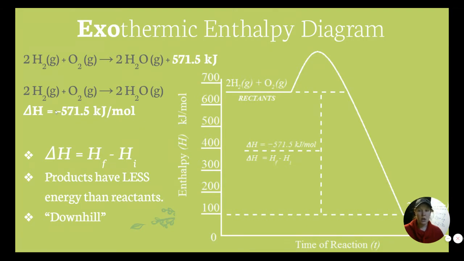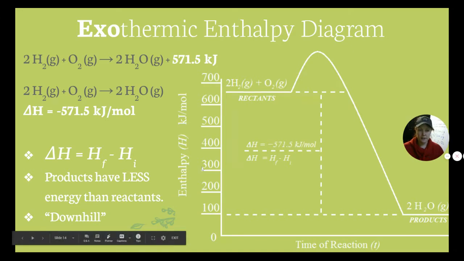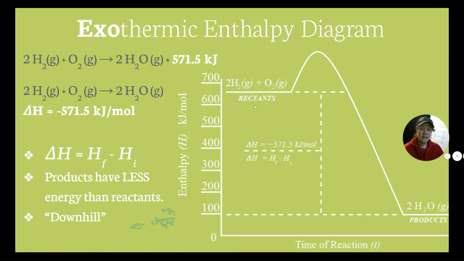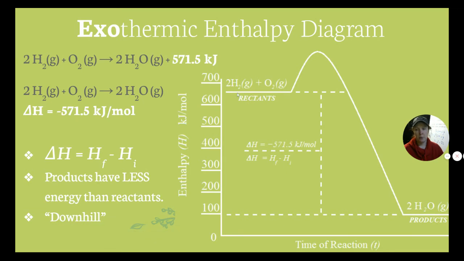We can see that the heat content is changing here. We are starting with reactants that have a high energy, and we've measured that energy, the enthalpy, in kilojoules per mole.